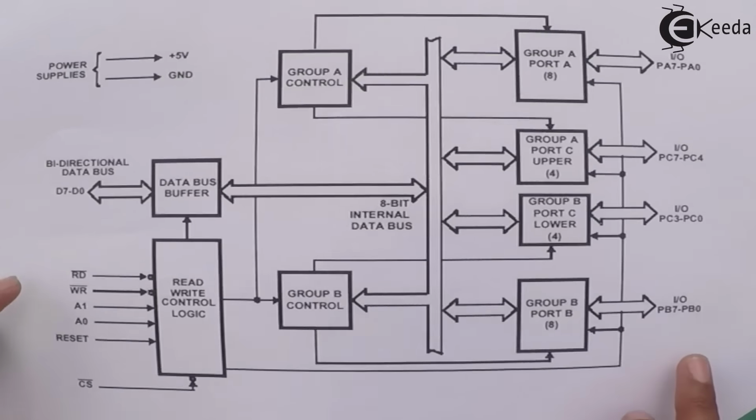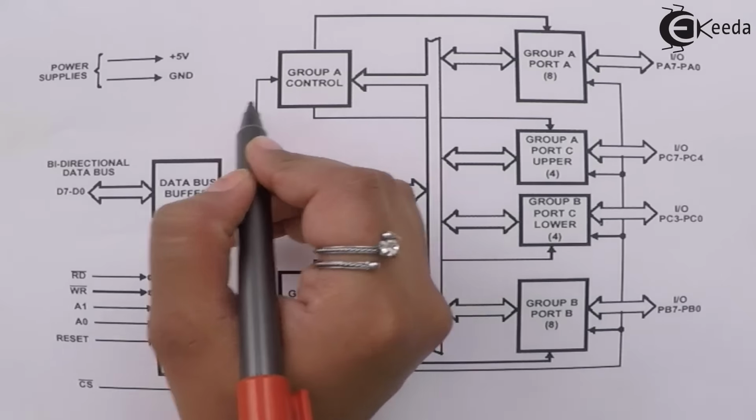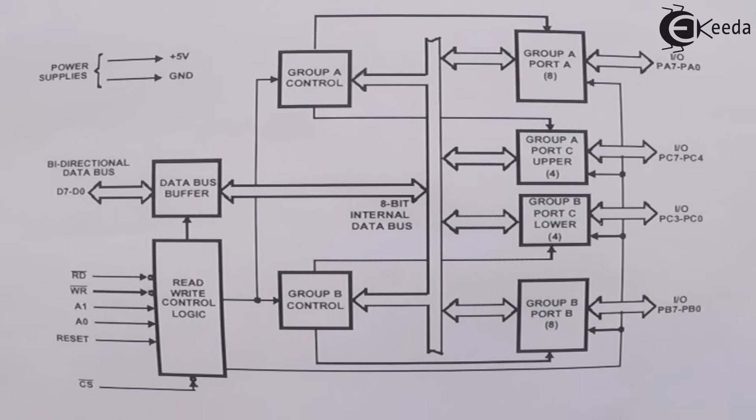This is the block diagram of the 8255 Programmable Peripheral Interface. In this block diagram, you can see that you have two parts here: Group A control and Group B control. In Group A, we have port A and port C upper.